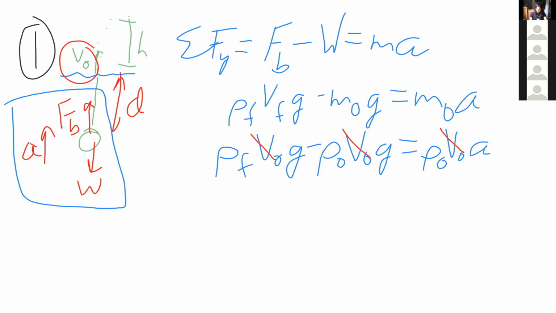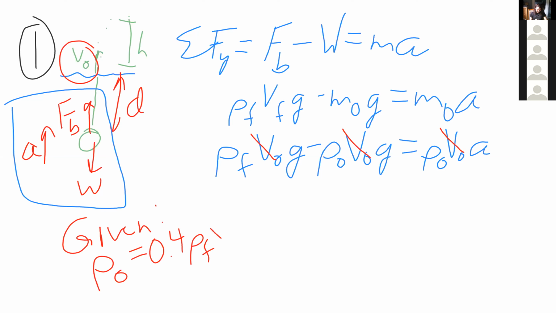So the problem gives me that the density of the ball, the density of the object, is equal to 0.4 times the density of the water, which in this case is the fluid.